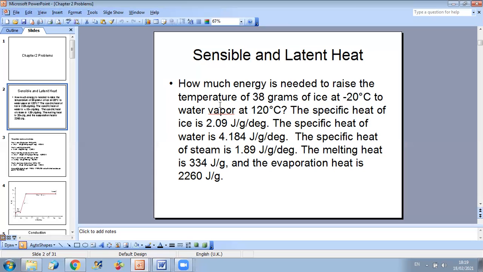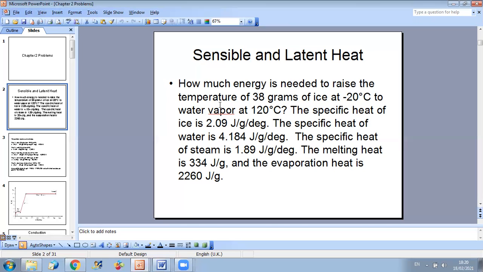Then we have a phase with the liquid heating. And after this, when we reach the evaporation temperature, we will have a change of phase from water to vapor. And after this, we will have heating of vapor from 100 degrees, which is the evaporation temperature, to 120 degrees. So we pass through different phases in order to go from the ice state to the vapor state.